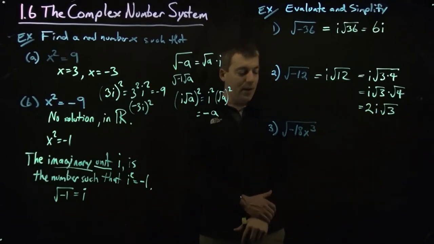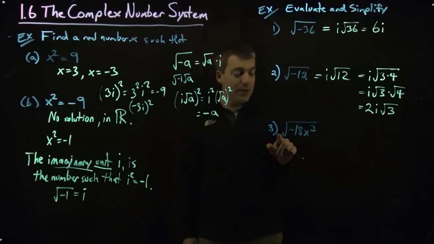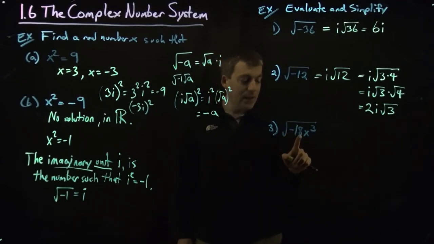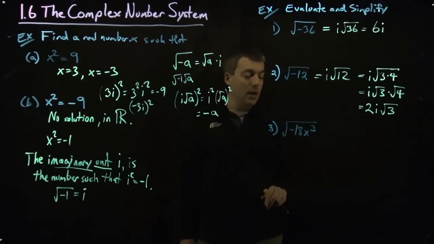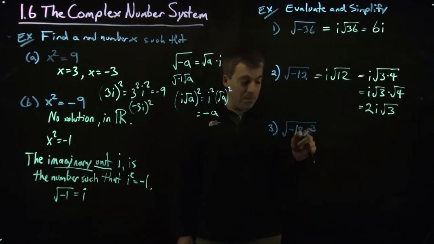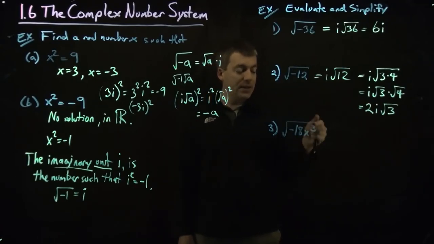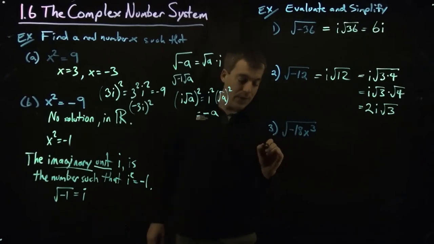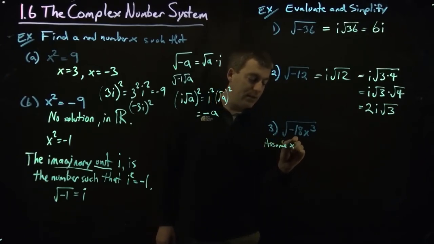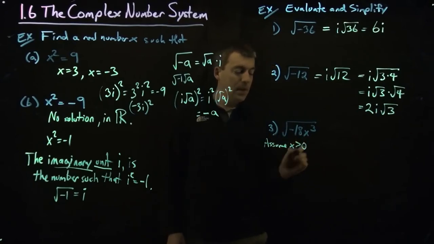All right. Last example here, the square root of negative 18x cubed. Same thing. We have a negative sign here, and depending on the sign of x, we have to assume that x is greater than 0. Equal to 0 would also work.